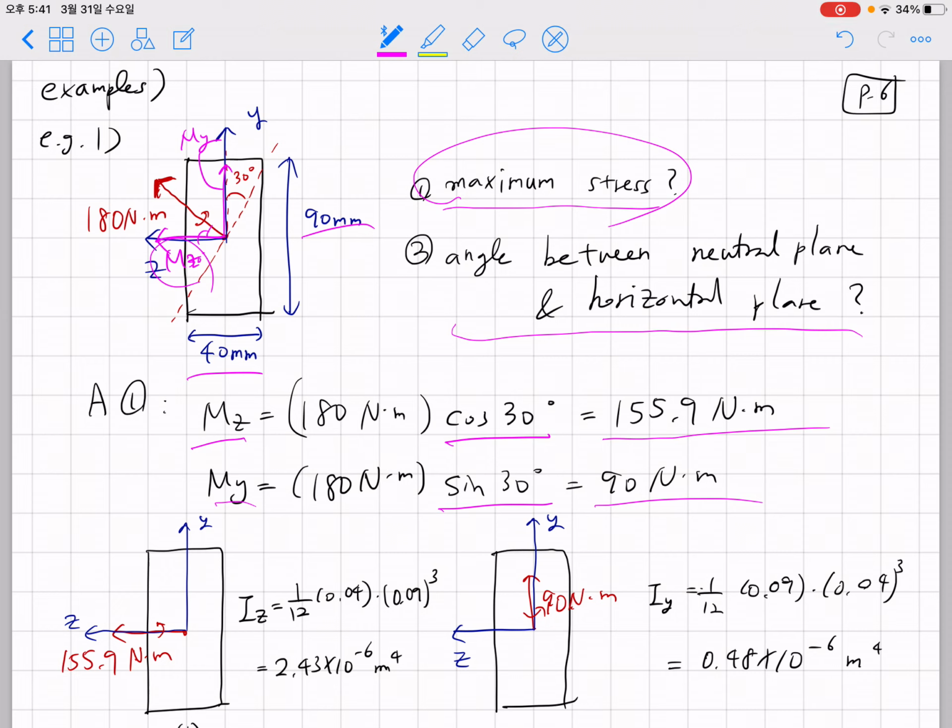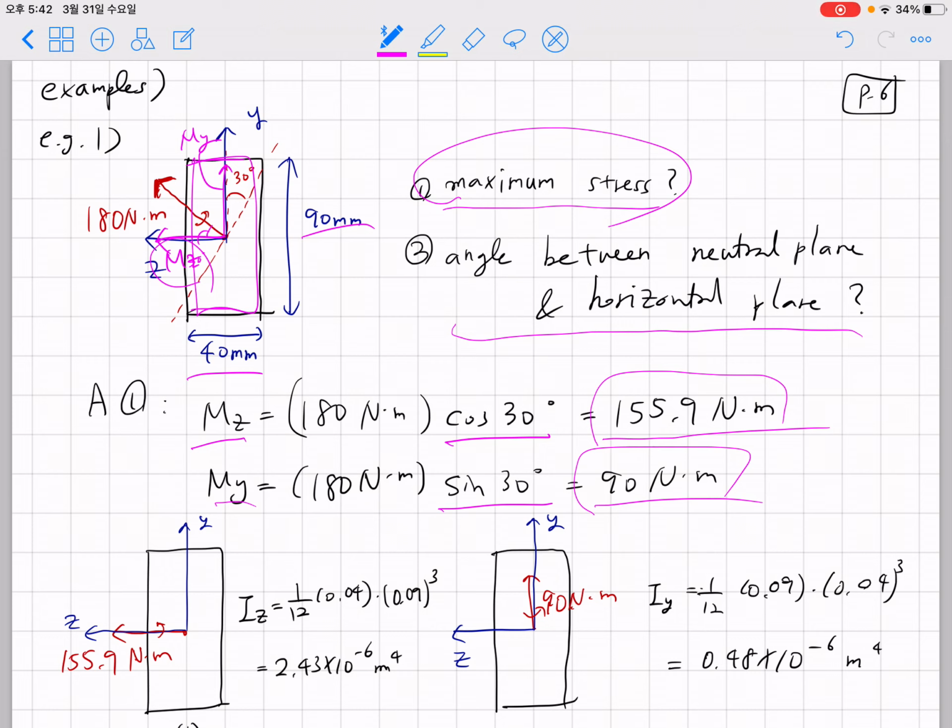Even though My is much smaller than Mz, if you consider bending of the beam in this direction, we see a lot of mass in the top and bottom, right? The same area is distributed along the y-axis, so you can expect that the area moment will be quite high.